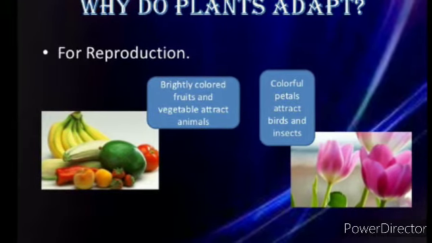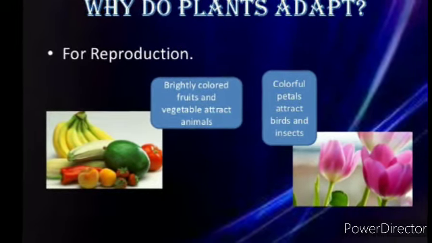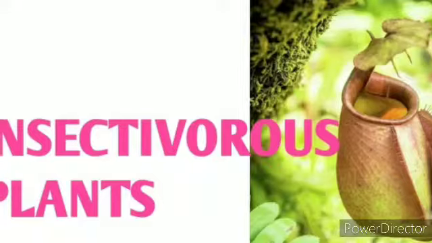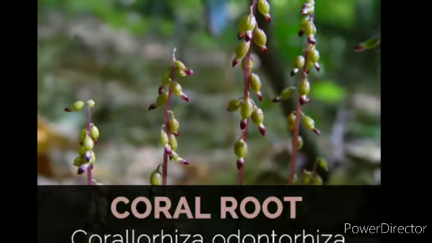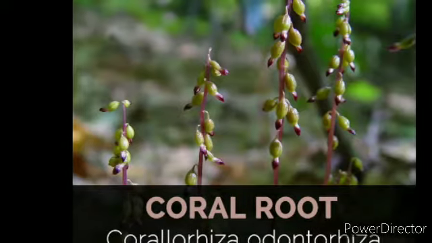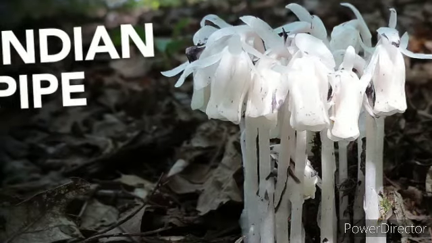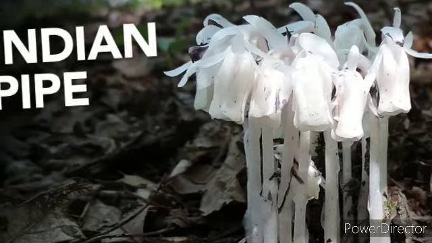For example, some plants show adaptation for nutrition. They attract, capture, kill, and digest insects. Such plants are known as insectivorous plants or carnivorous plants. Non-green plants such as coral root and Indian pipe do not have chlorophyll.